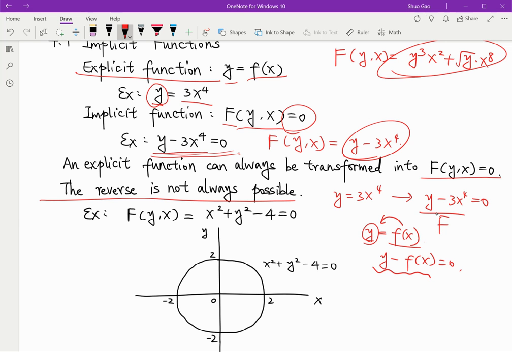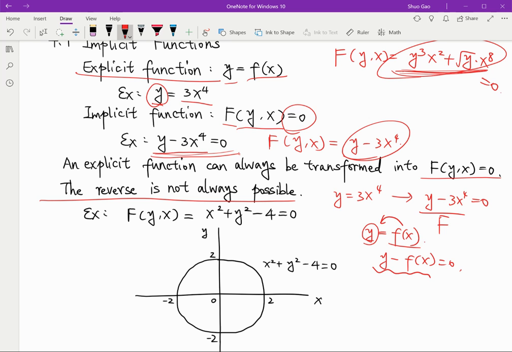So this thing equals 0. So we have a very complicated expression involving x and y here, where y is the dependent variable and x is the independent variable. Suppose we have a very complicated form like this.